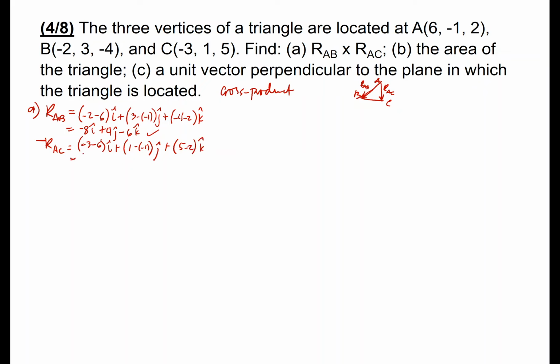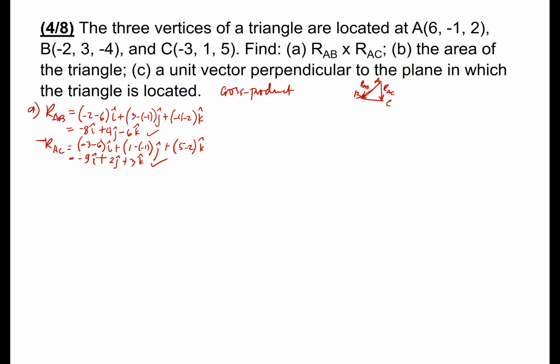So you have negative 9I plus 2J plus 3K. Okay, so you have your RAC.